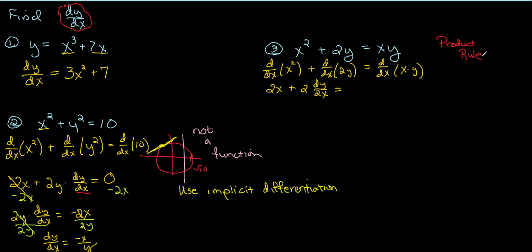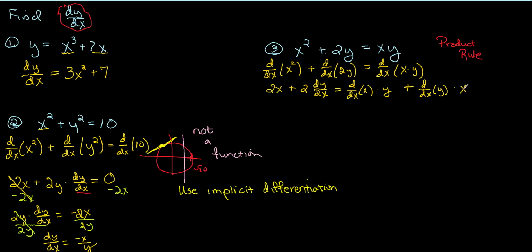So I'm going to write it out in its gory details. I'm going to do the derivative of the first times the regular second. So I'm going to do the derivative with respect to x of the first factor times the regular second, which was just y, plus the derivative of the second factor times the regular first.